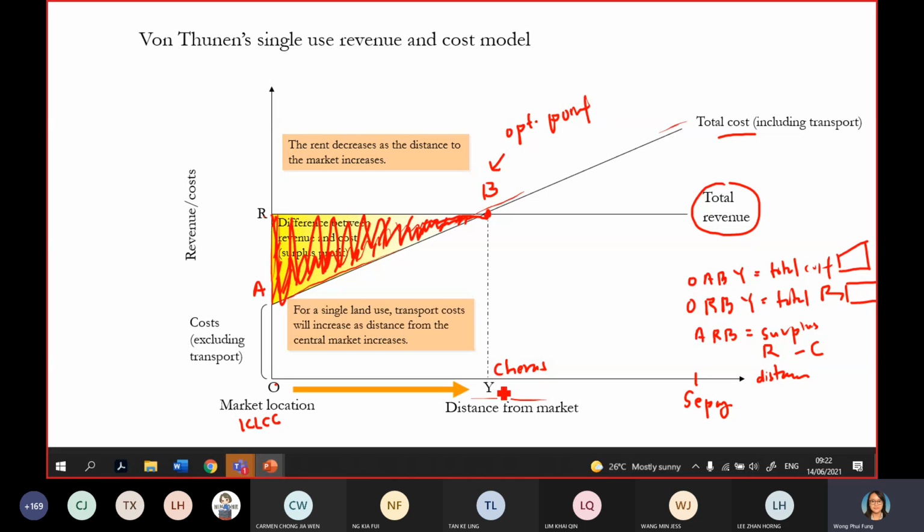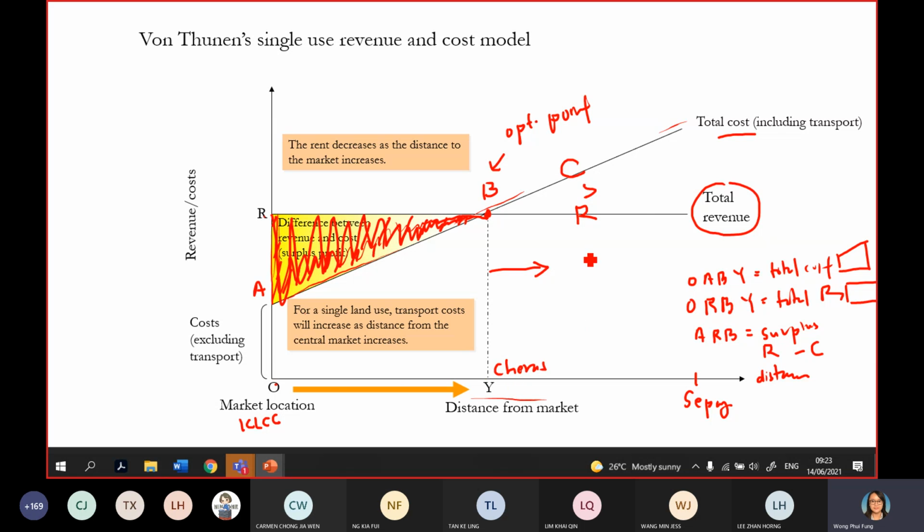Okay, at point Cheras, your cost is more than revenue. Beyond Cheras, the cost is more than revenue already. So this land use can only be sustained from KLCC until Cheras.